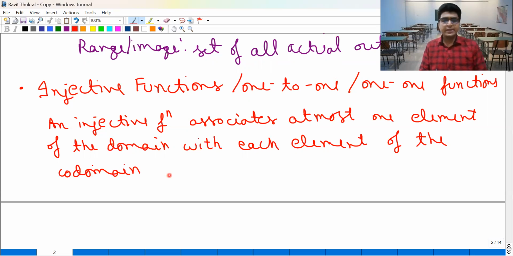Okay, or you can say that for each element in the codomain, there is at most one element in the domain set.